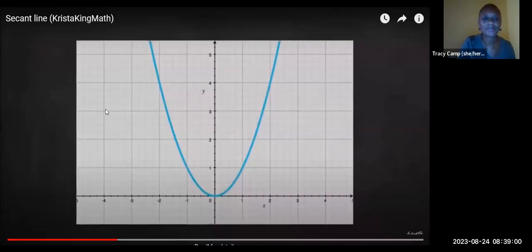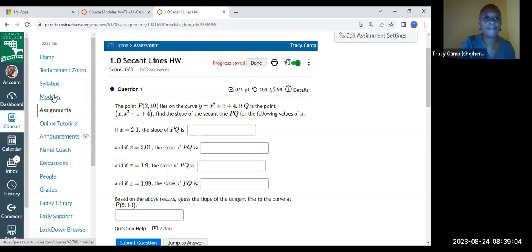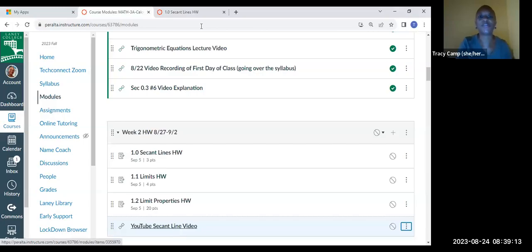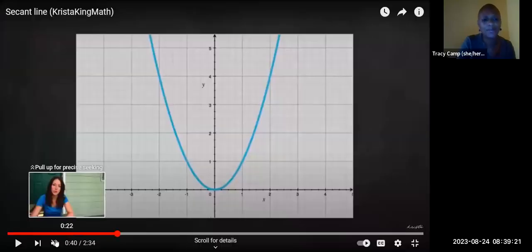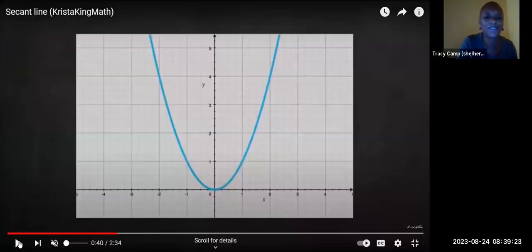So if you do want to watch the video in full, you can go to modules, week 2, and under week 2 it says YouTube secant line video, and then you can watch the whole video. It's pretty short, only 2 minutes, but I don't want to use our time watching the whole thing. We're going to watch about 1 minute and I'll talk over it.